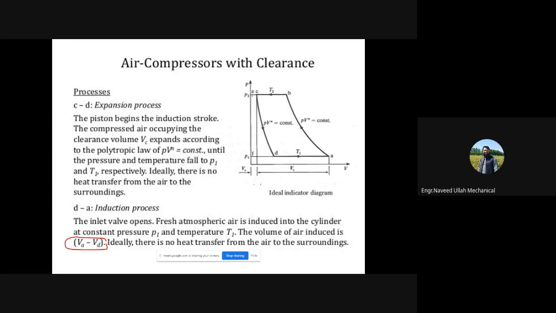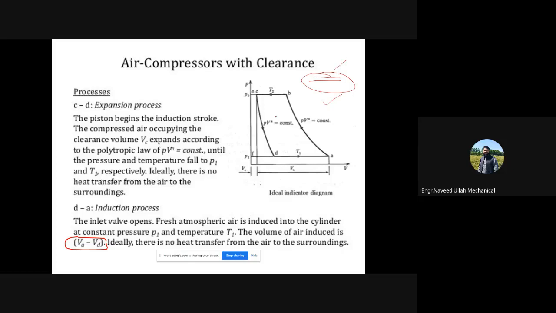So you can see here almost this is the same diagram, okay, but a little bit different. How is it different? Because of this clearance volume. So you can see here, over there we were having induction, compression, and delivery stroke, right? So 3 strokes were there.